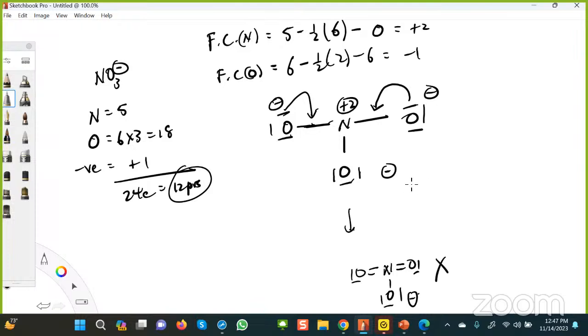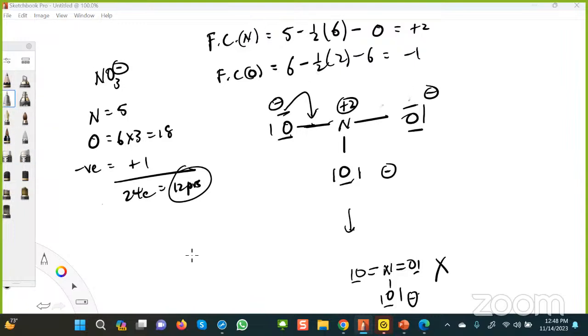Nitrogen cannot have more than 8 electrons on its outer shell because nitrogen is in period 2. Remember I said that only elements in period 3 and beyond can. So only one pair of electrons from one of the oxygens will form a double bond.